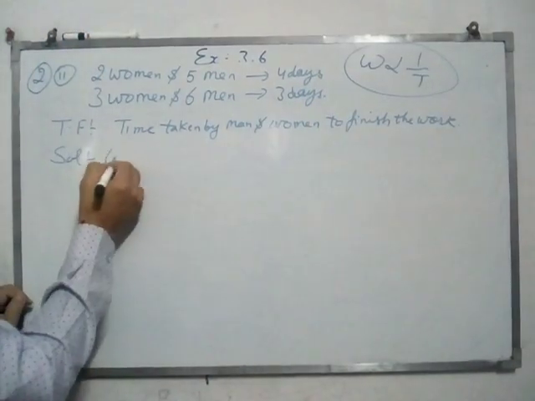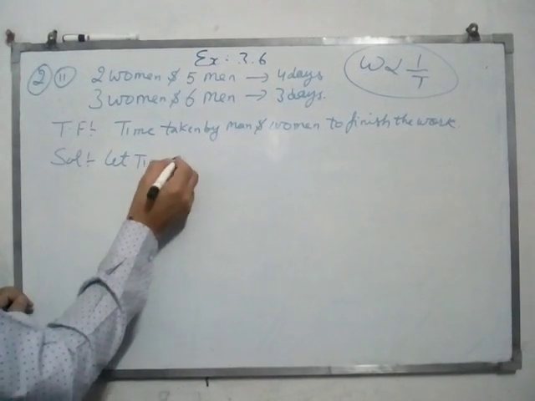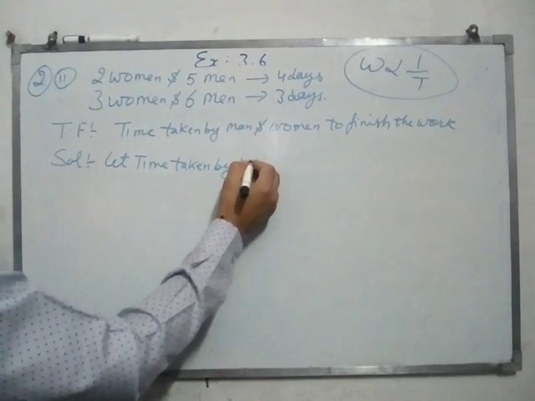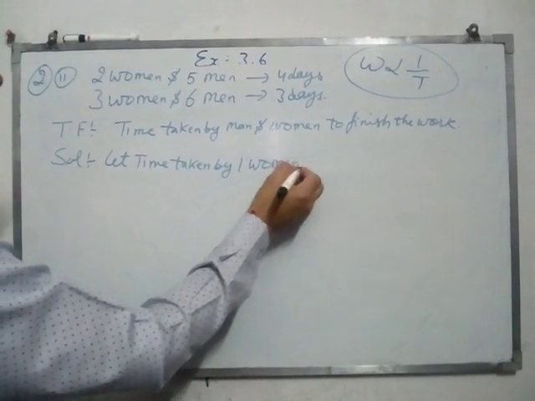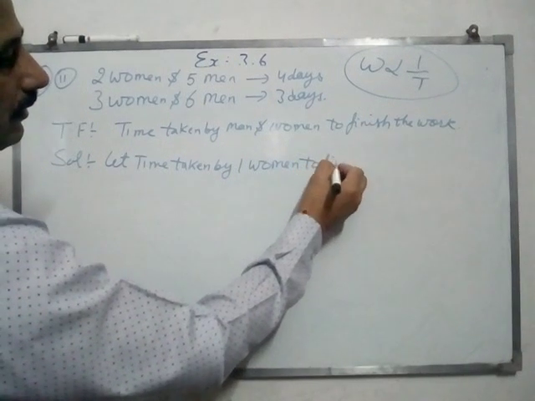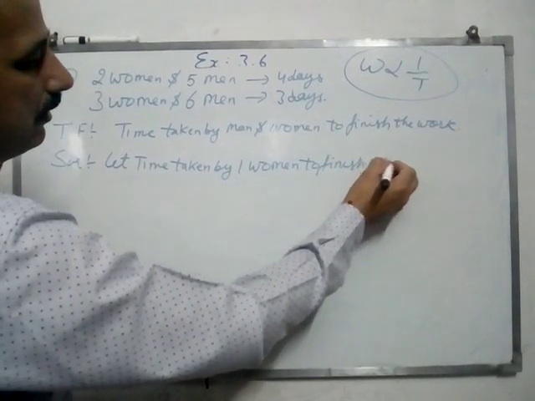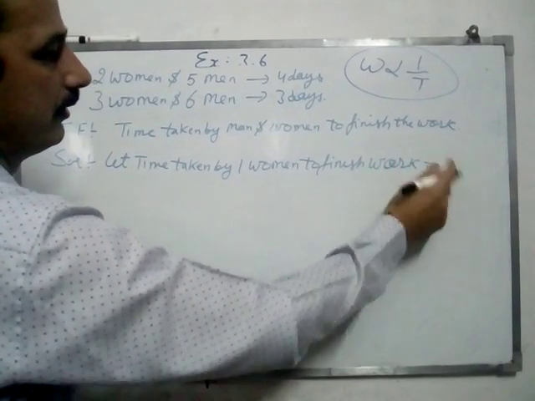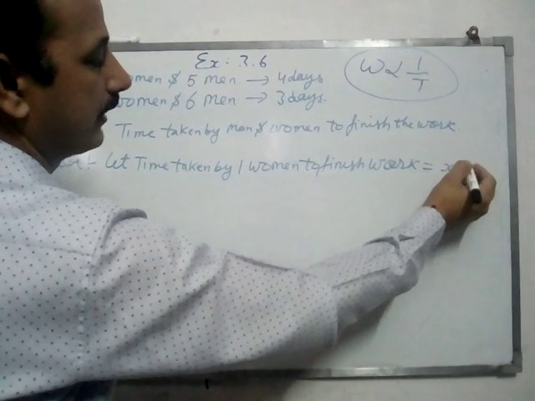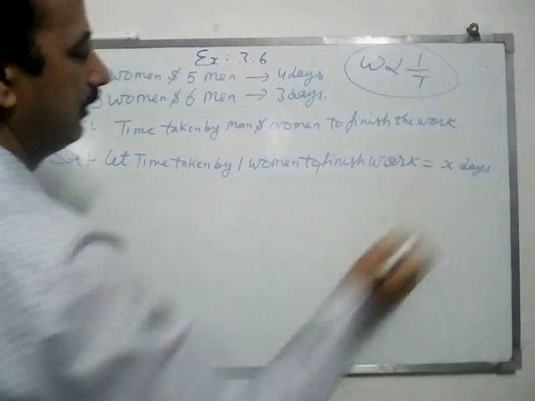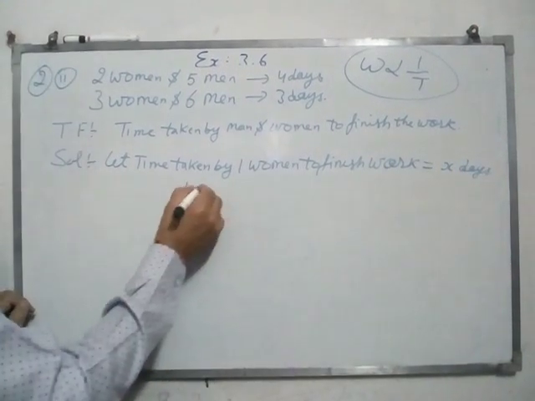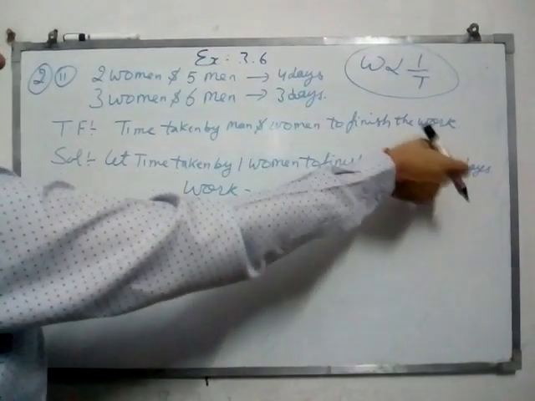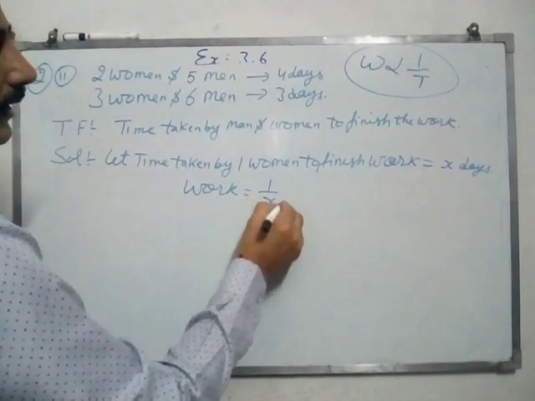So let the time taken by one woman to finish the work be x days, right? So the work done is 1 upon x.